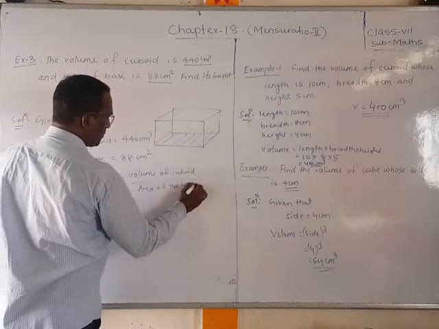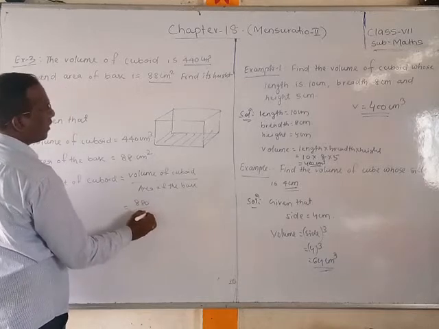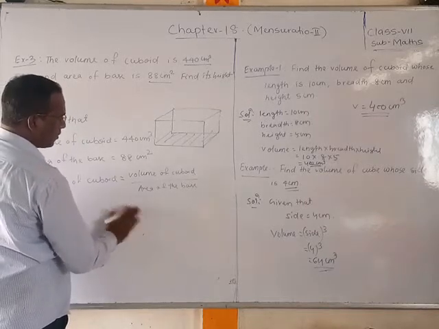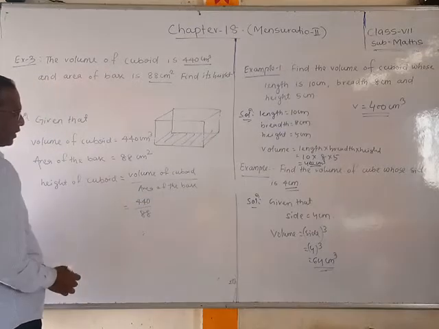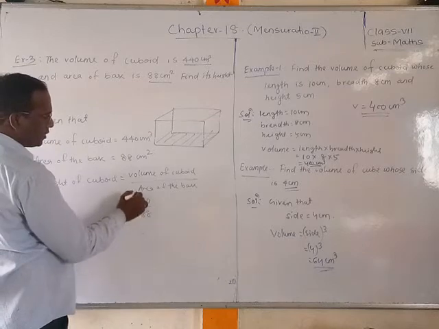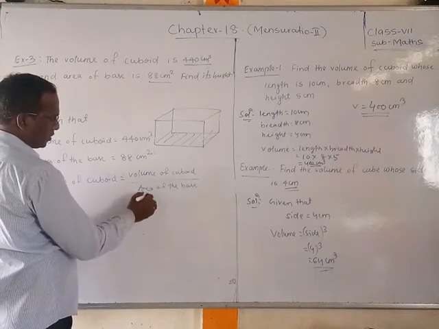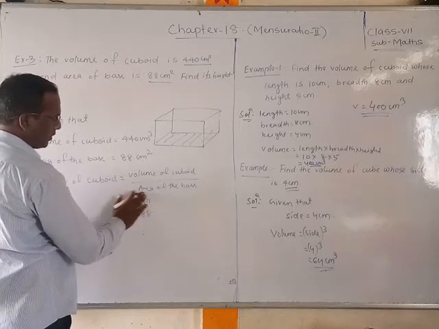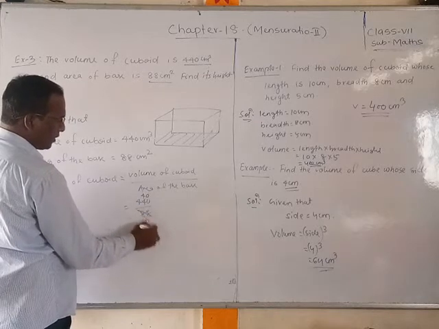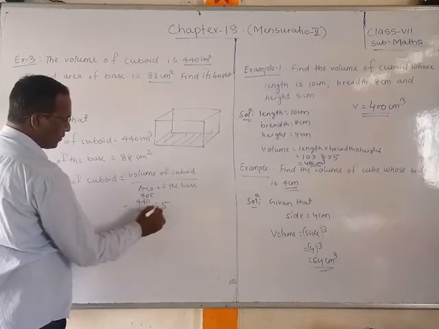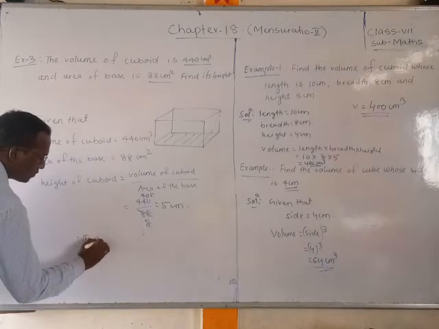That is 440 by 88. If we count, 88 fives are 440. So 5 centimeter.